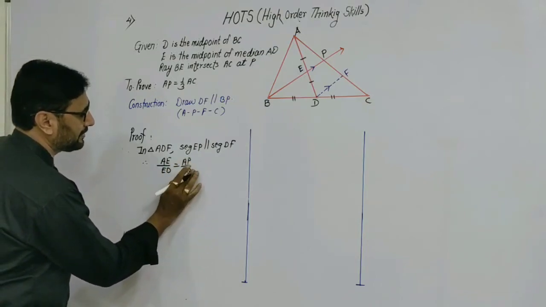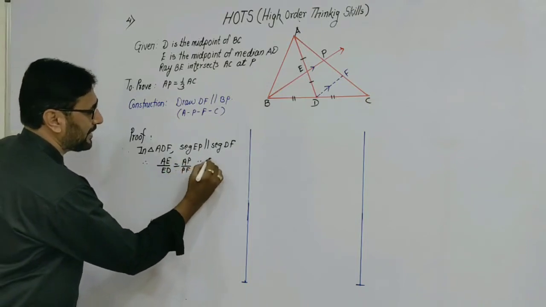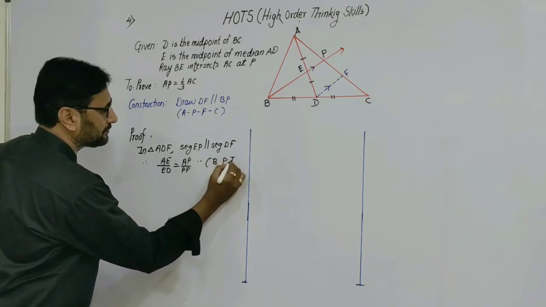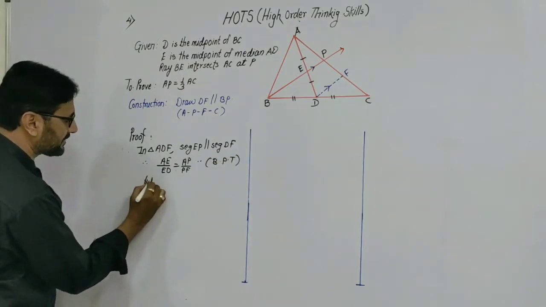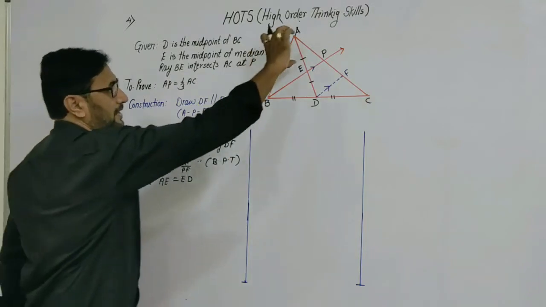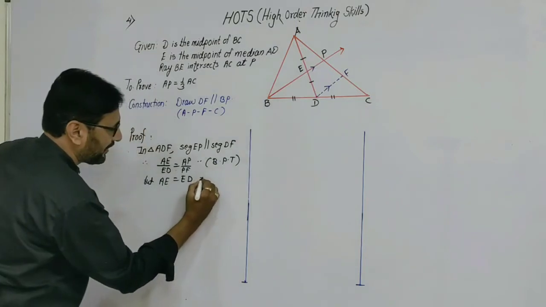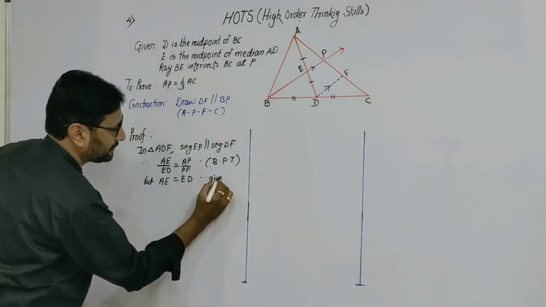What is the reason? Basic proportionality theorem. But students, we know AE is equal to ED. E is the midpoint of AD. Now this is given to us. So given.